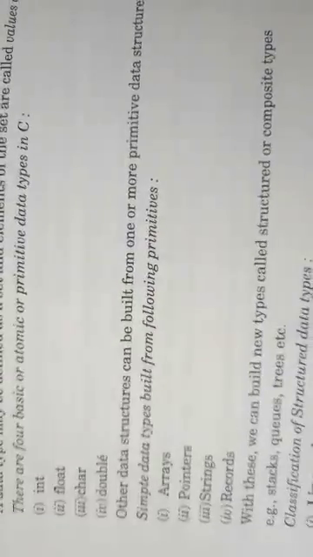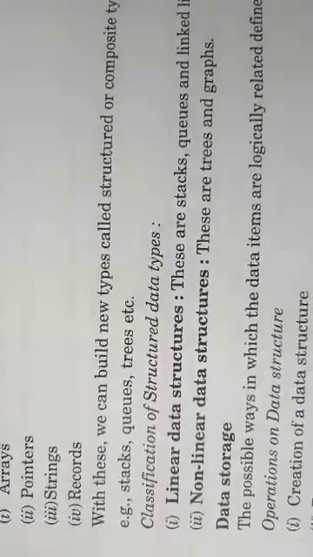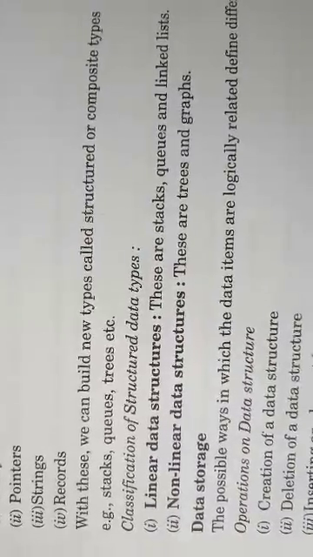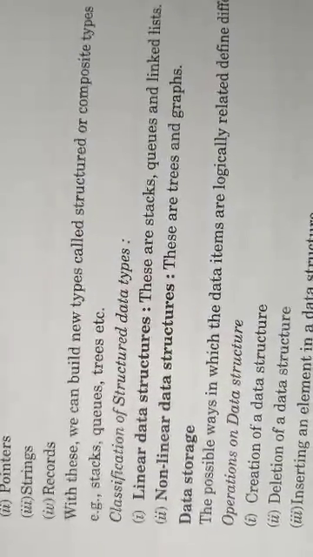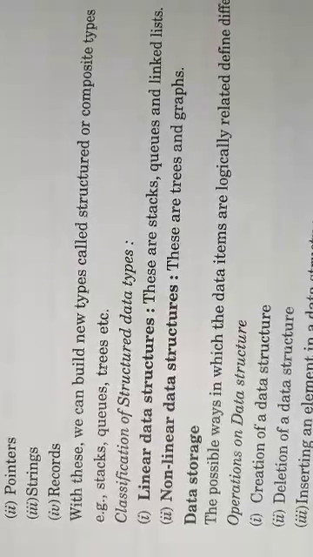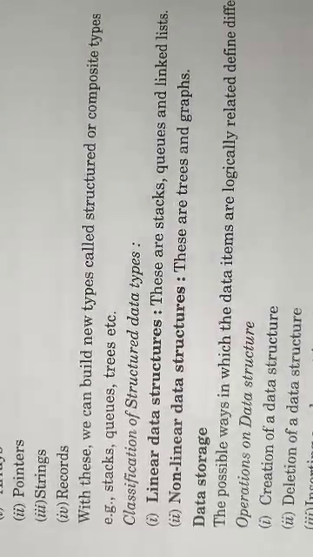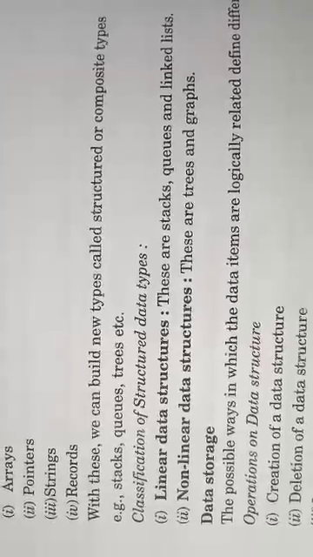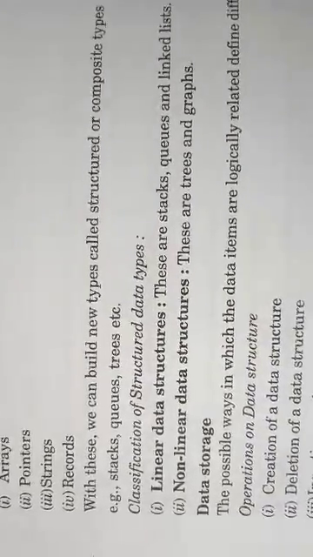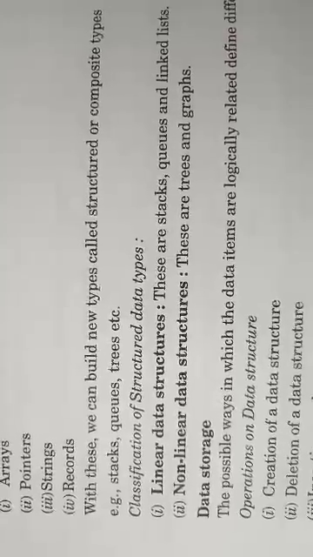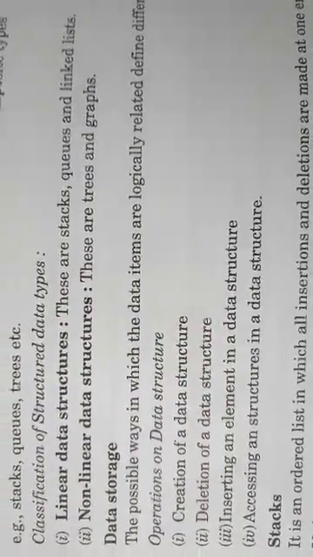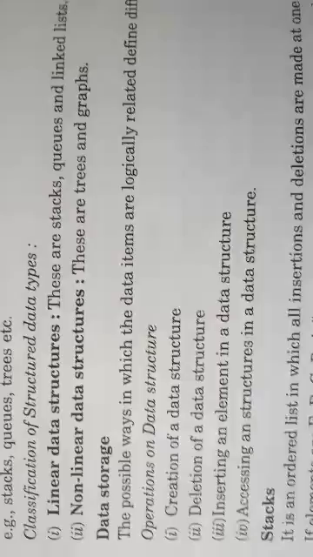Simple data types are built from the following primitives: arrays, pointers, strings, records. With this we can build new types called structure or composite types. Stacks, queues, trees are non-primitive.